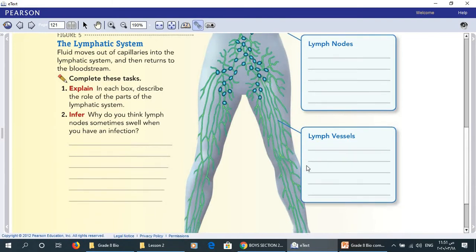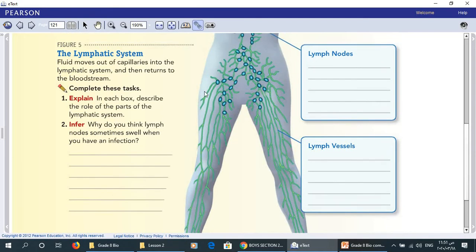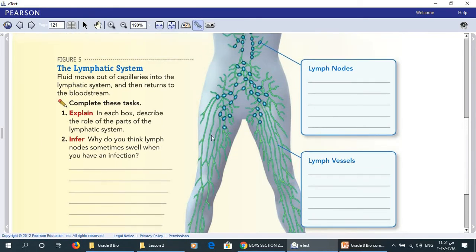Lymph vessels pick up fluid and carry it to the lymph nodes, then return it to the blood.